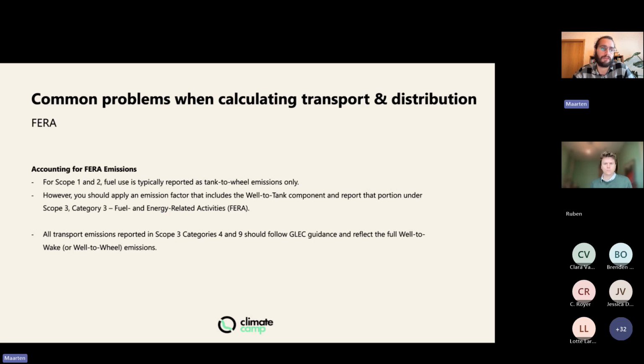This is very important because you otherwise won't calculate the entire life cycle of emissions. This is where this concept is really important. It's also good to know that GLEC will always use well-to-wheel emissions as a guideline to calculate transport emissions.